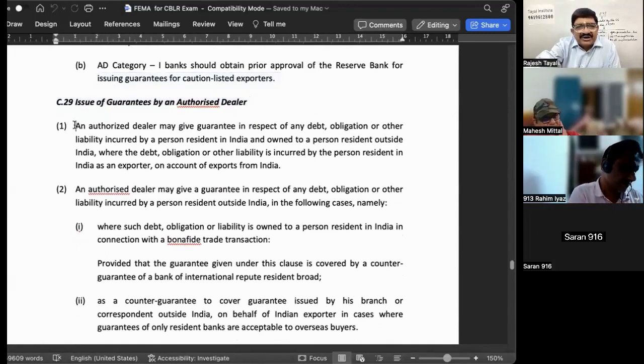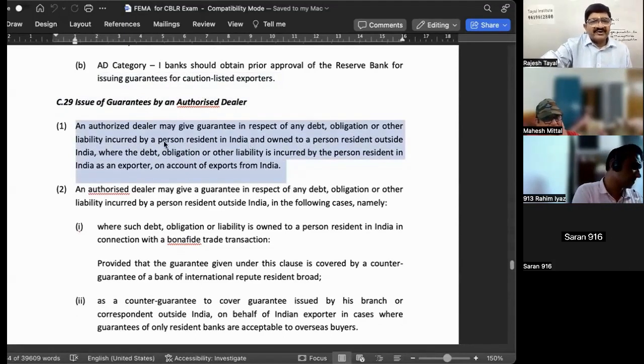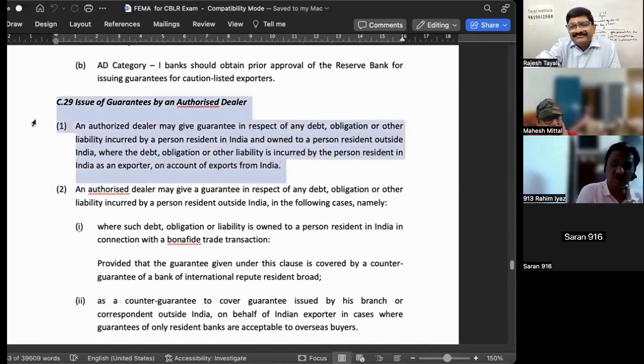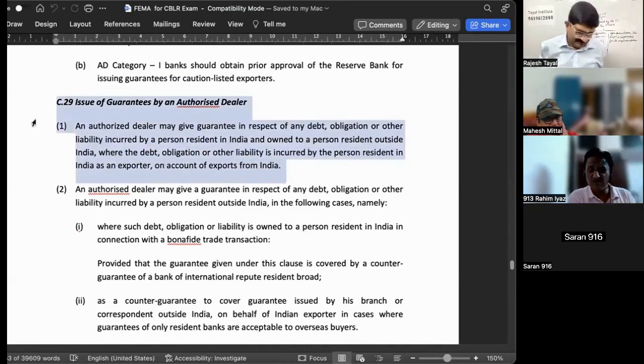Right? So an authorized dealer may give the guarantee in respect of the debt, obligation, or other liability incurred by a person resident in India and owed to a person resident outside India, where the debt, obligation, or other liability is incurred by the resident person as an exporter on account of exports from India. So in whose favor is the guarantee being given?